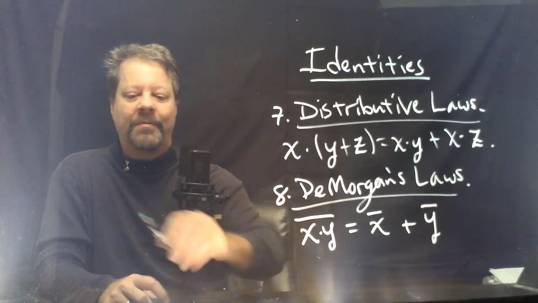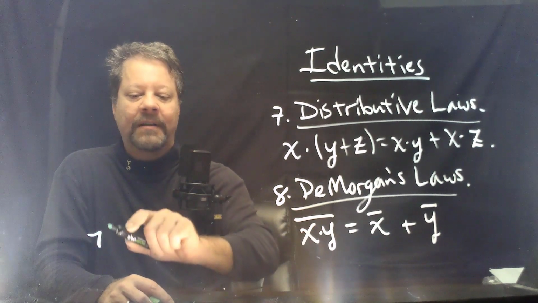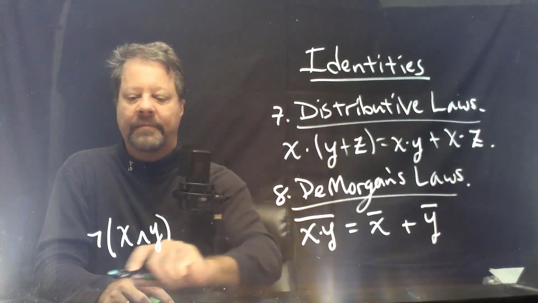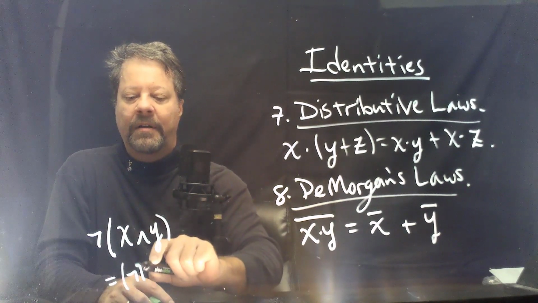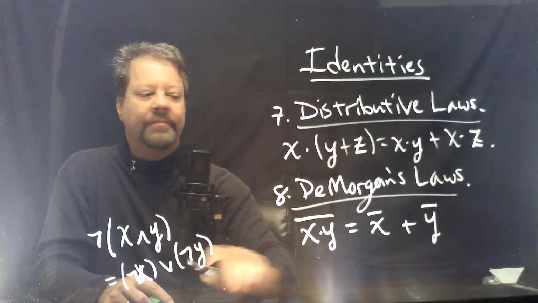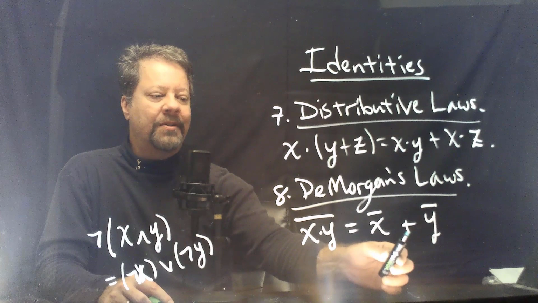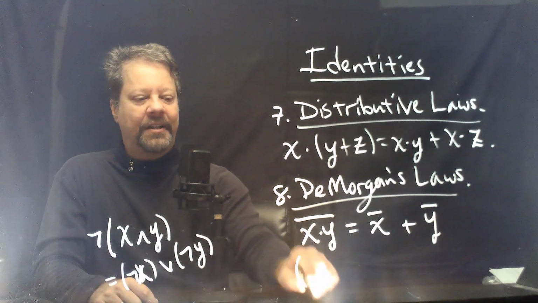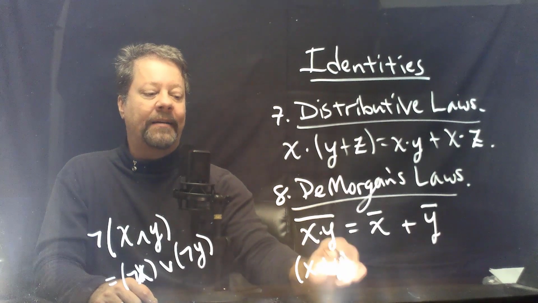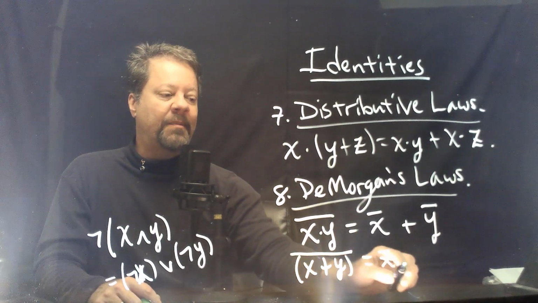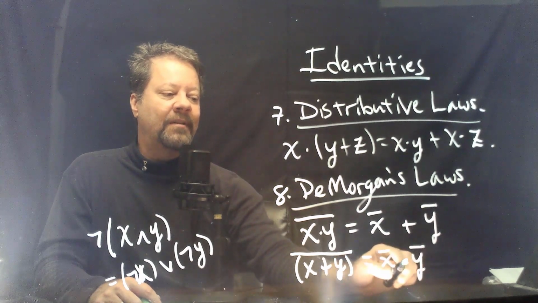Notice how this refers back to not x and y equals not x or not y. So here's the or statement, there's your and statement. In addition, if we have x plus y complement, that's the same thing as x complement times y complement.